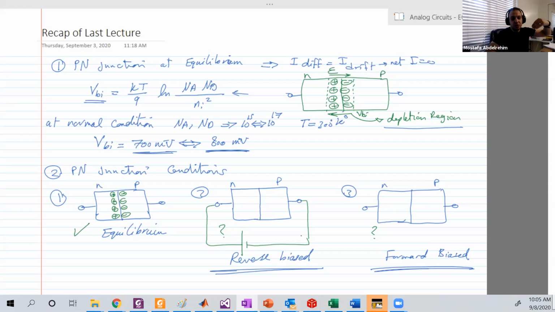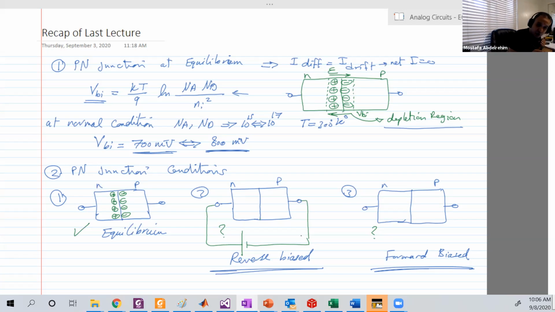The positive side of the voltage source, of the battery for example, is closer to the electrons, the negative charge. And the negative side of the source is closer to the positive charge of the holes in the P type. And there are other reasons why they call it reverse, so we'll explore it in a minute.